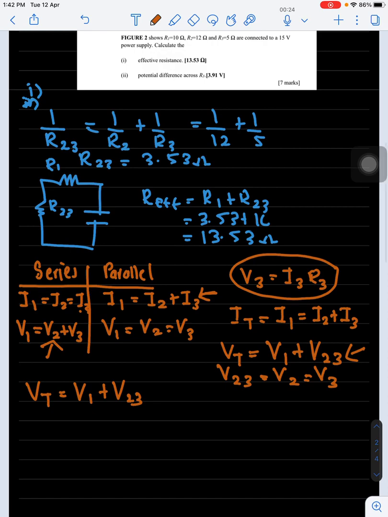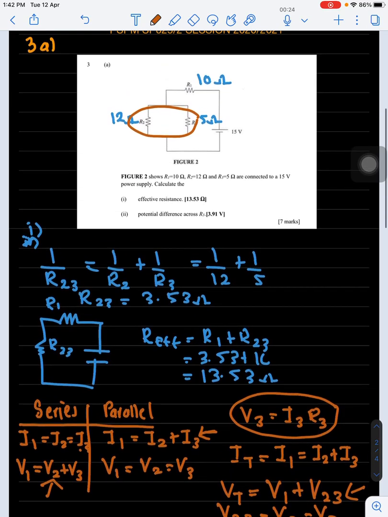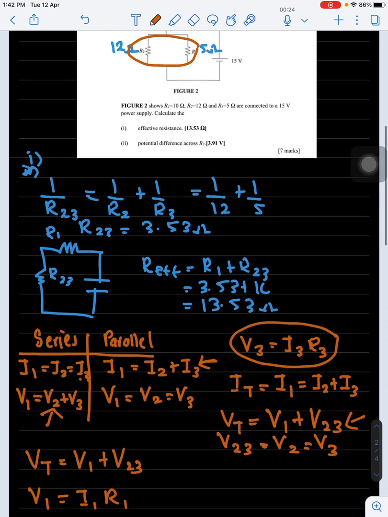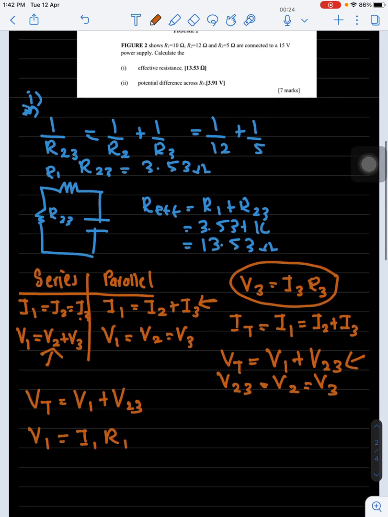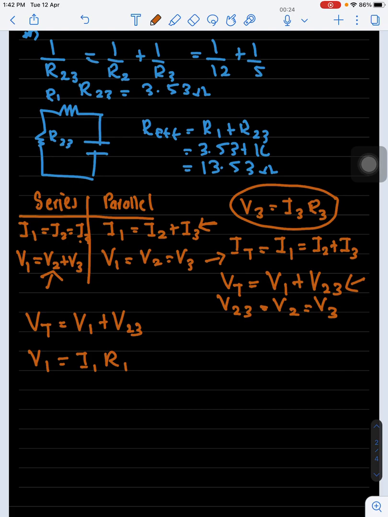So V1 equals I1 R1. R1 is given as 10 ohm. So we need to find I1 first. To find I1, it is equal to I total, meaning that we need to find I total.